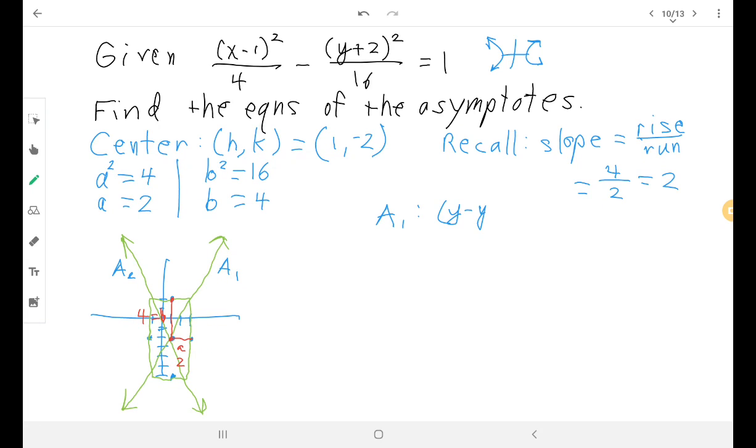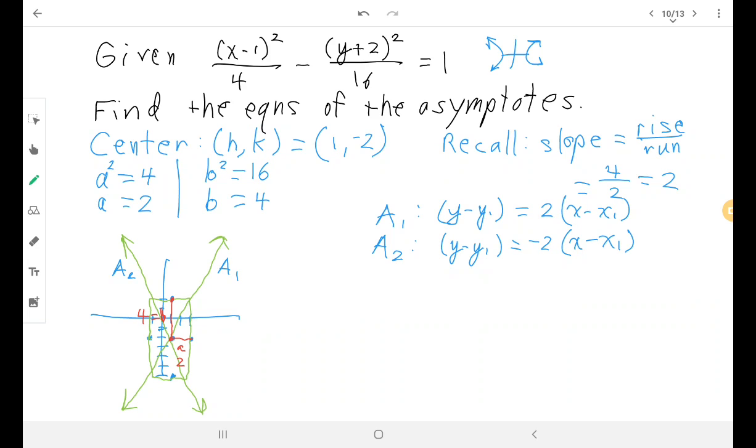y minus some y1 equals the slope times x minus x1, some point. The slope is positive 2 in this case. And my second asymptote is going to have the equation y minus some y1 equals negative 2, the slope of negative 2, times x minus some x1, right?